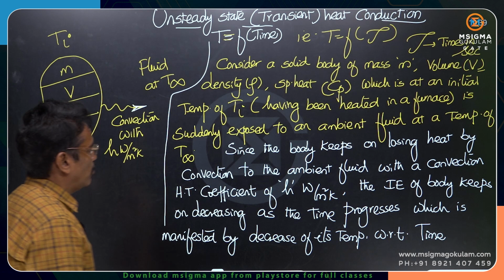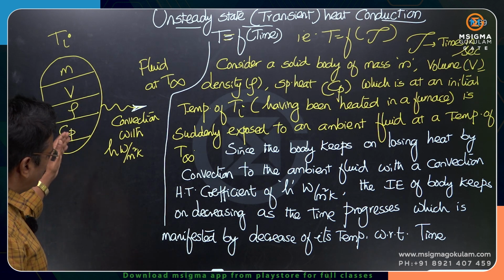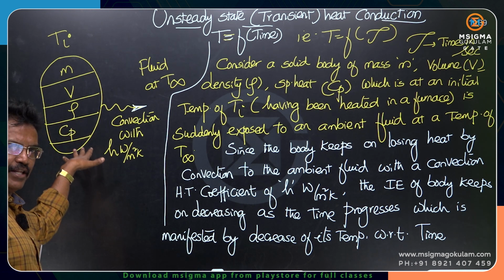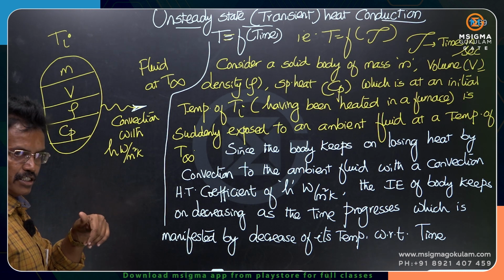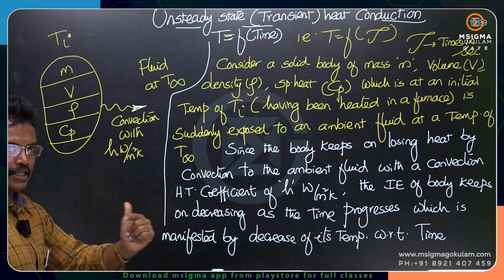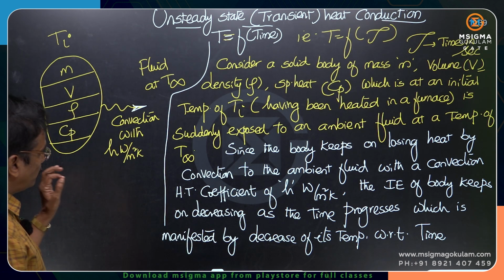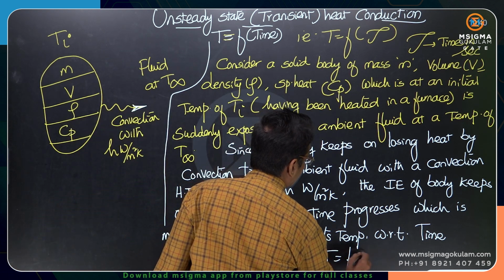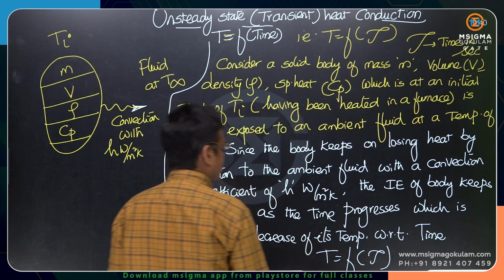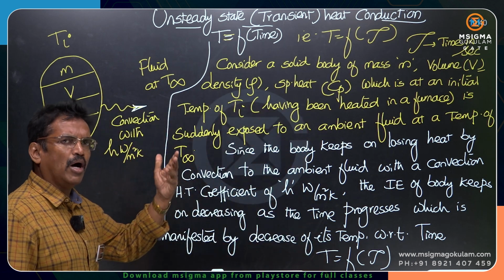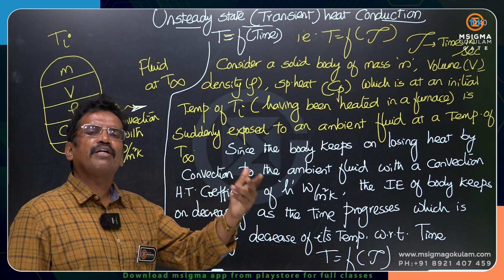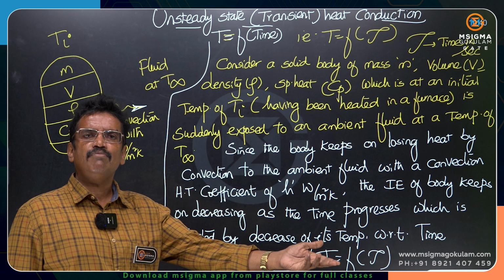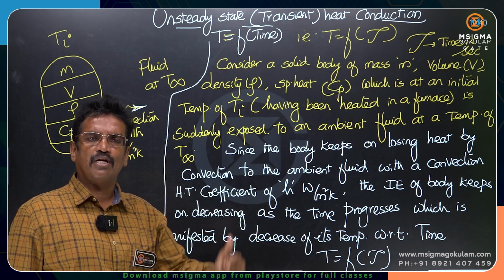Manifested means exhibited, shown. Because internal energy and temperature are directly proportional, the temperature of the body also keeps on decreasing. So now the temperature of the body has become a function of time. After an infinite amount of time, finally the body may attain thermal equilibrium with the ambient fluid, the same temperature as that of the ambient fluid.